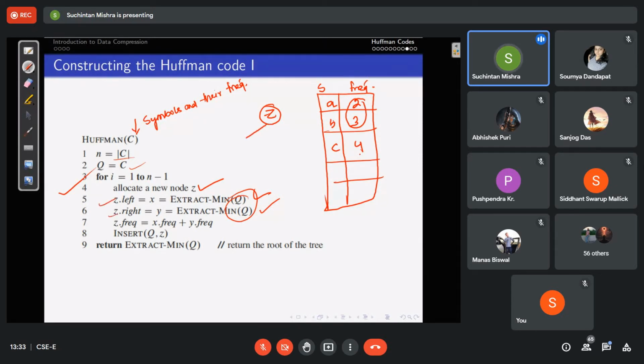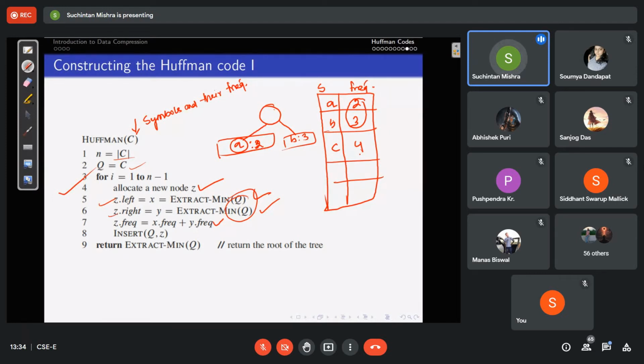Now A will become the left child of the new node Z, and B will become the right child of the new node Z. A is 2, B is 3. The frequency of the new node Z will now become the frequency of its left child plus the frequency of its right child.